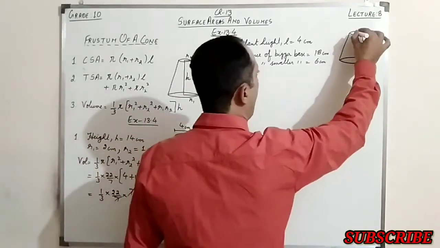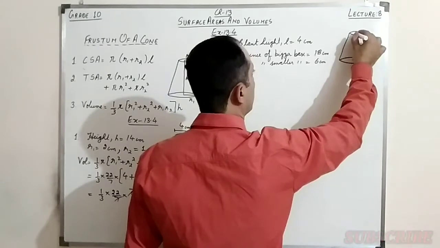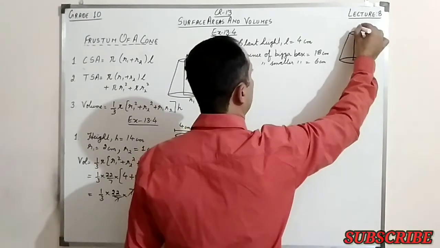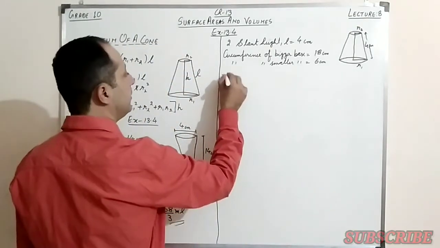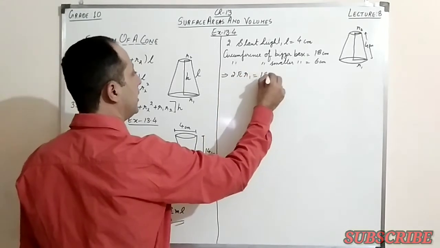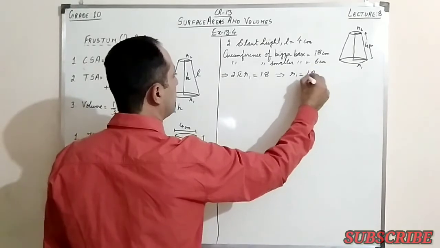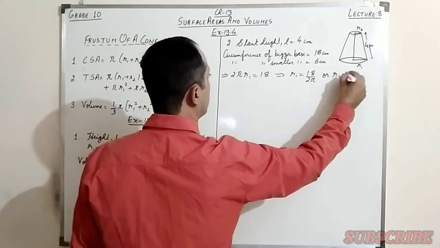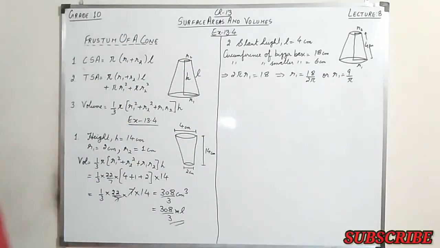Now we take the bigger one as r1 and the smaller one as r2. So we can write 2 pi r1 equals 18. So we get r1 equals 18 upon 2 pi, or we can say r1 equals 9 upon pi.